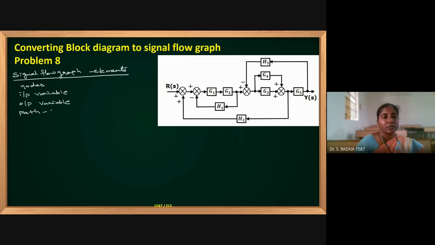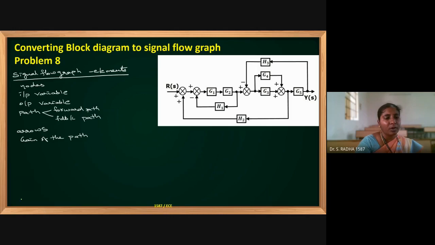In the path we will have the forward path and the feedback or backward path. Then we will have arrows, as in the block diagram also. Then the gain of the path, whether it is forward or feedback. These are the things that will be present in a signal flow graph.